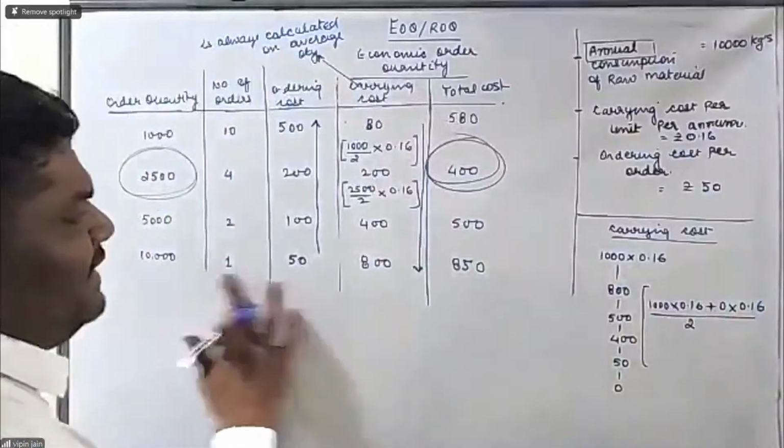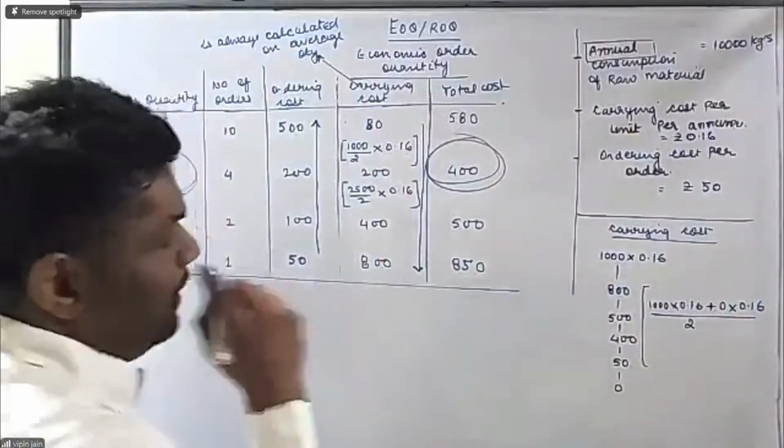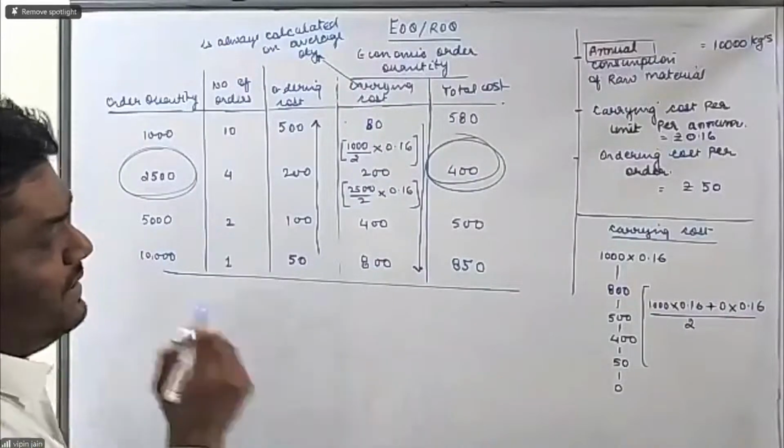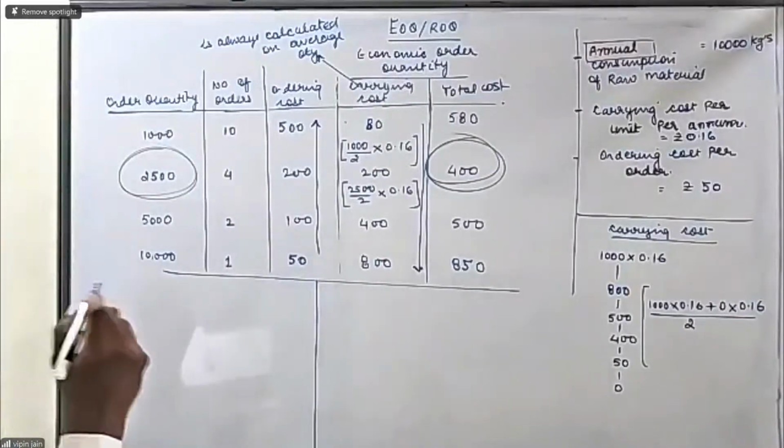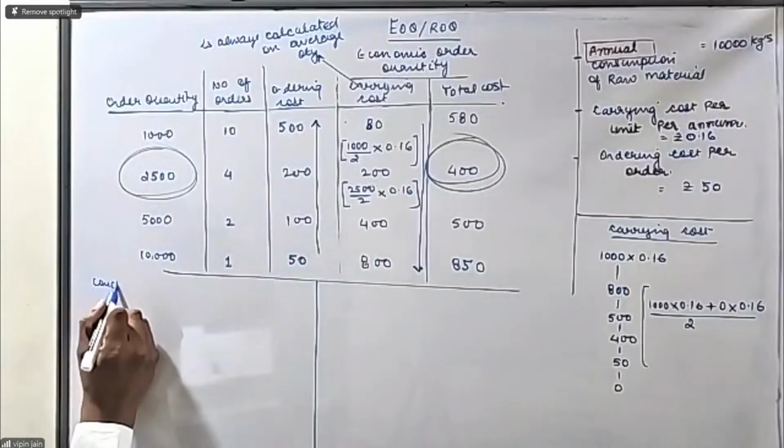So what we can see is, I think we have sufficient space. So what is the conclusion?